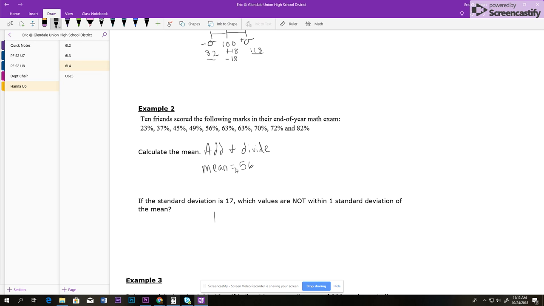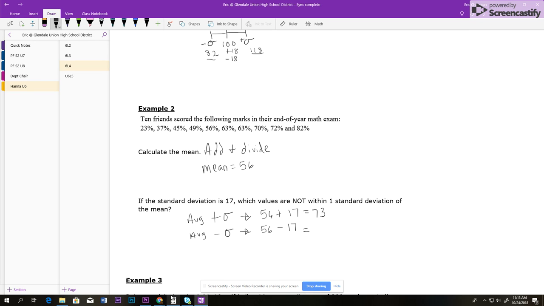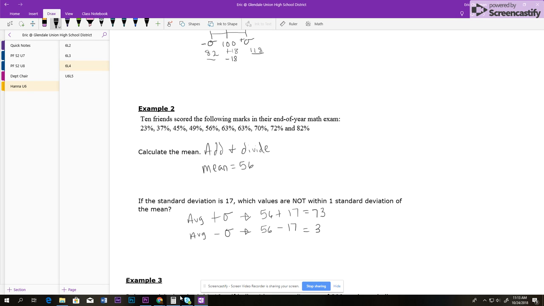Now we're going to do plus a standard deviation and minus a standard deviation. We're going to take the mean, or the average, and in both cases add the standard deviation and subtract. So that becomes 56 plus 17 and 56 minus 17. 56 plus 17, we get 73. And 56 minus 17, we get 39.